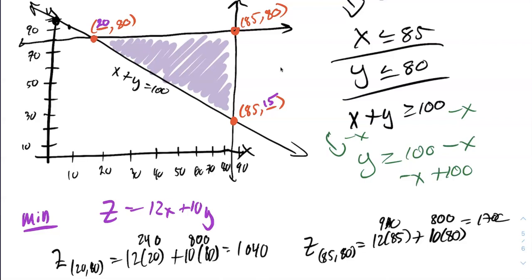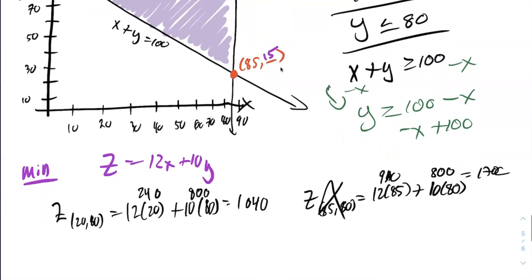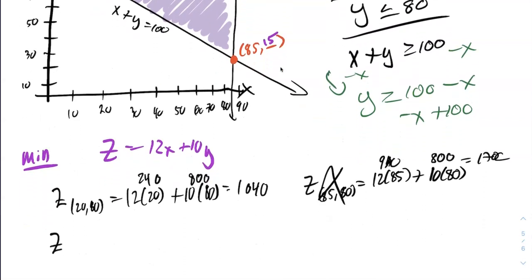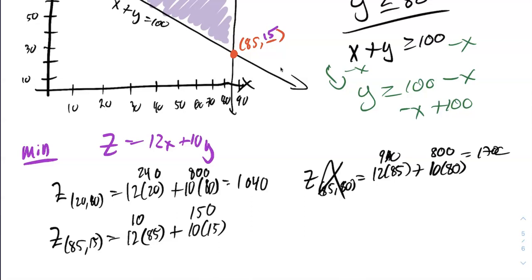It's going to be way too big, so not that one. And then we have Z of 85 and 15, which is 12 times 85 plus 10 times 15. So this is 150, and this is 1020. So you add them up, and you get 1170.